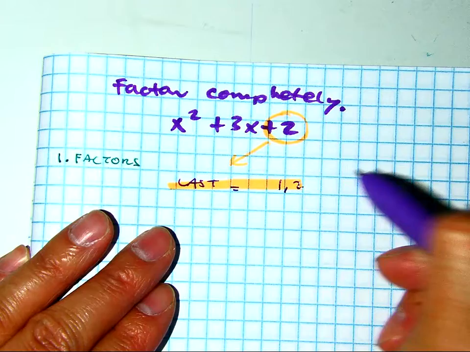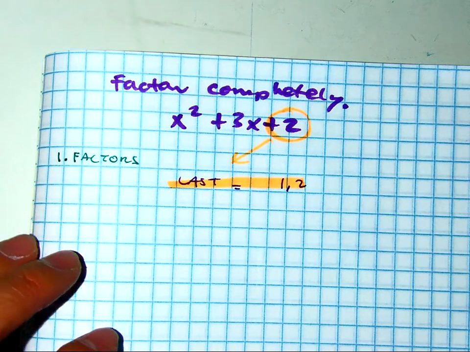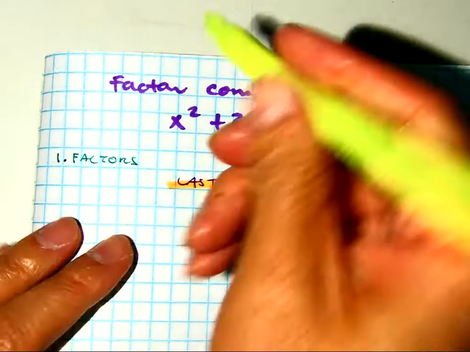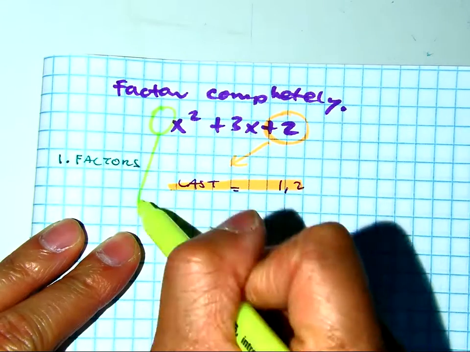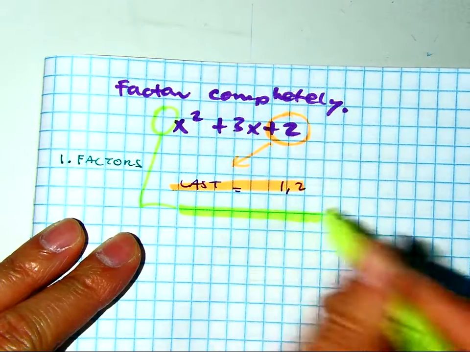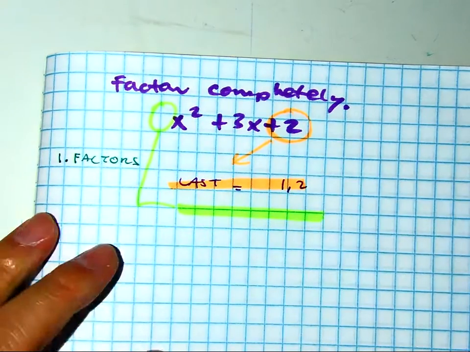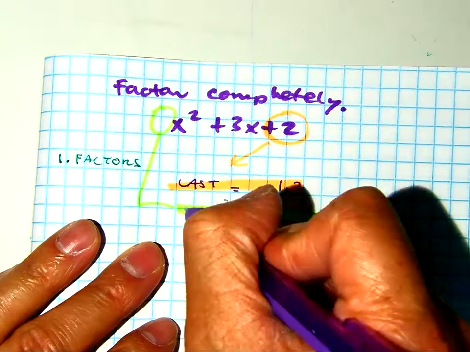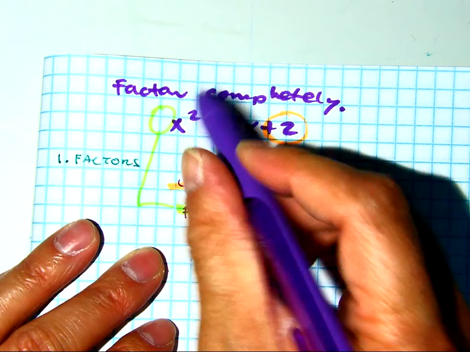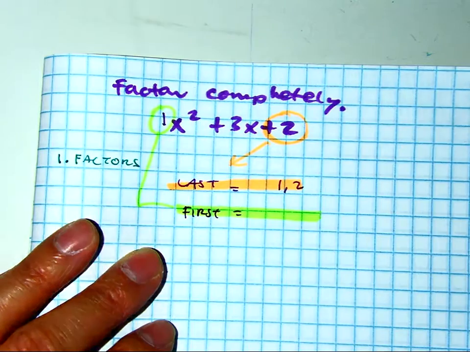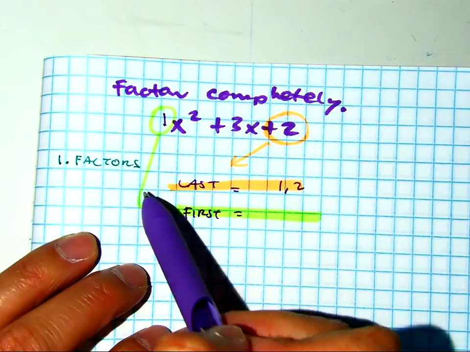And the first, we'll go right here. So the first factors, what number is there? 1. So we're saying that the numbers that multiply to be 1 are just 1.